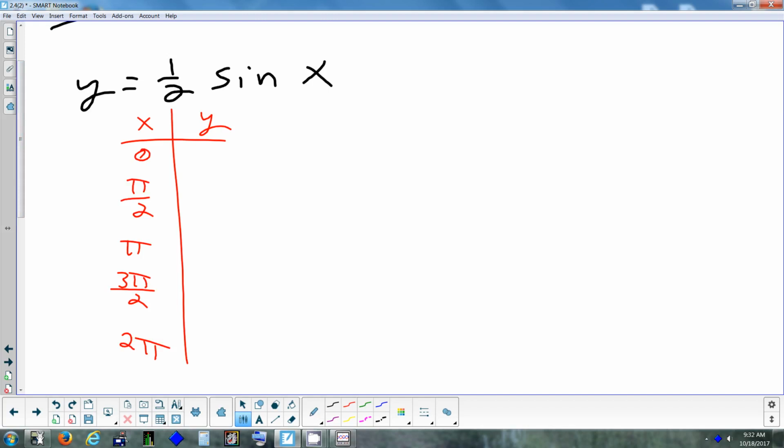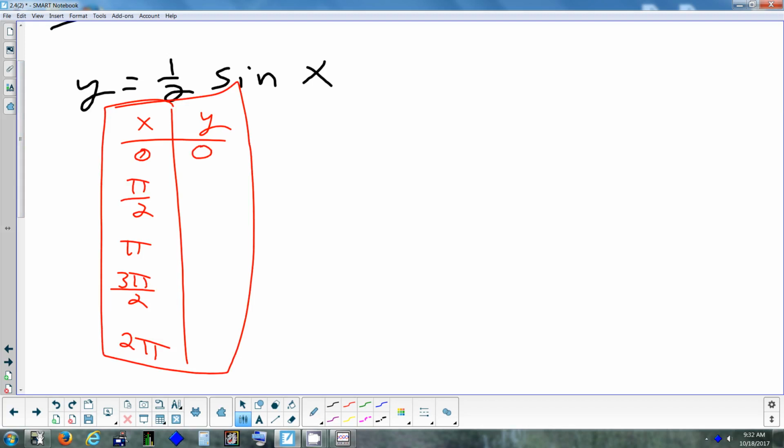Y values are all going to be multiplied by a half. You don't have to write the originals. If you can do it in your head, just multiply by a half, that's fine. So you have 0, half, 0, negative a half, back to 0. Okay. Did anybody get all the y values correct? Anybody got those? Yep. Okay, so let's look at the graph.